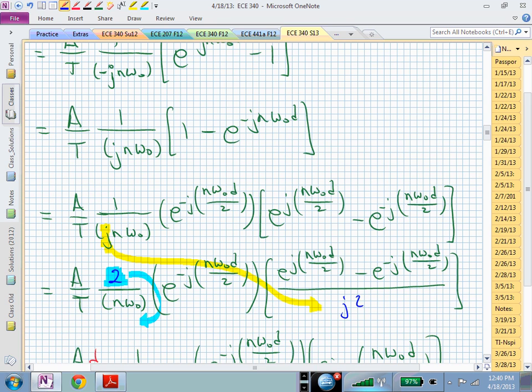This is in a typical form that is screaming at us: maybe I can identify a sine or a cosine from that. The way to do it is to split the difference between a constant and this e to the minus j n omega naught d, meaning let's factor out half of this from both terms. Half of this is e to the minus j n omega naught d over 2.